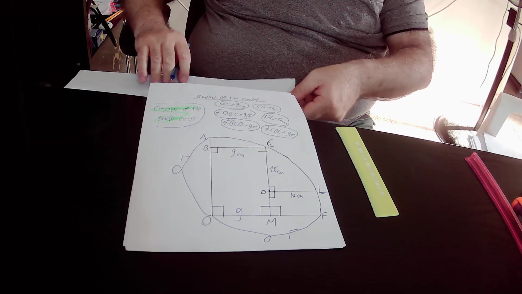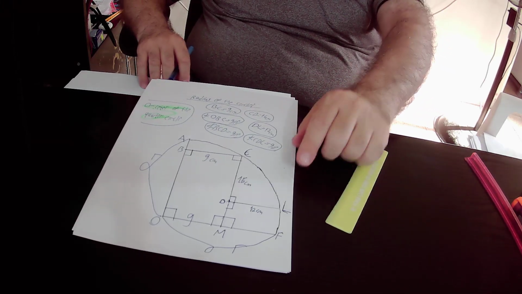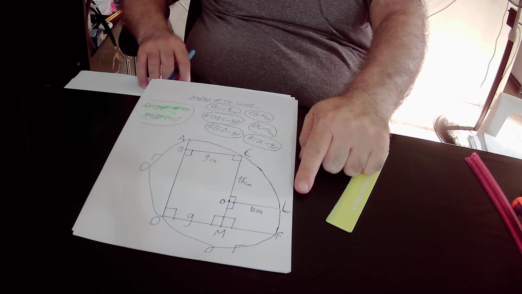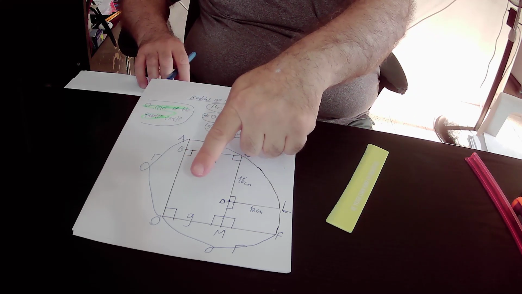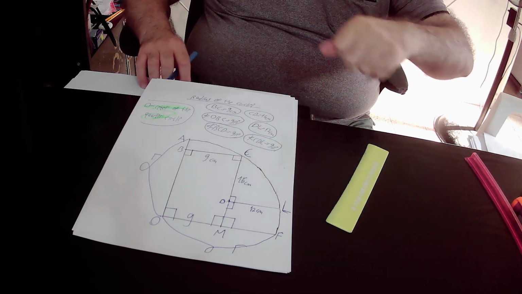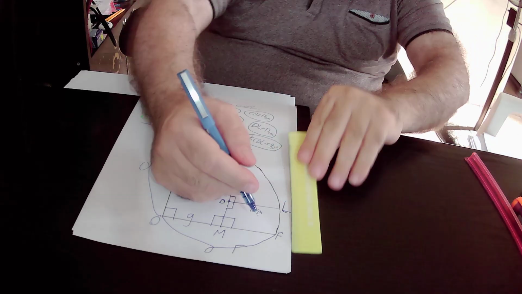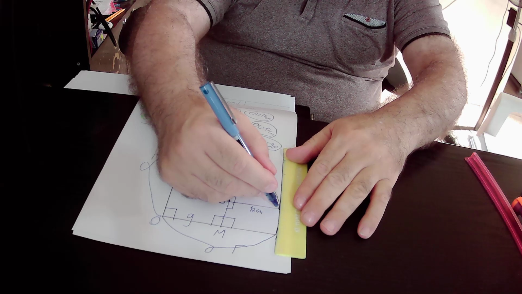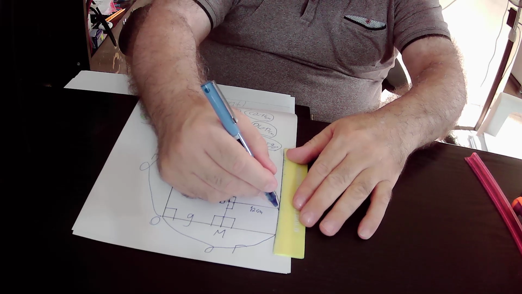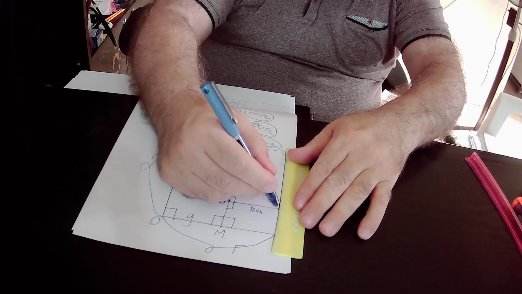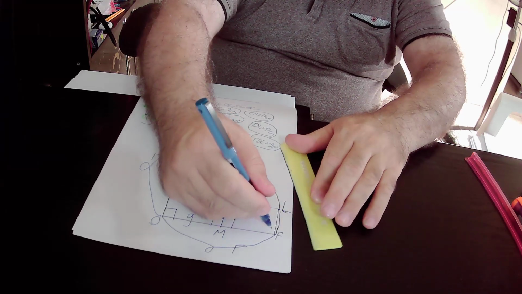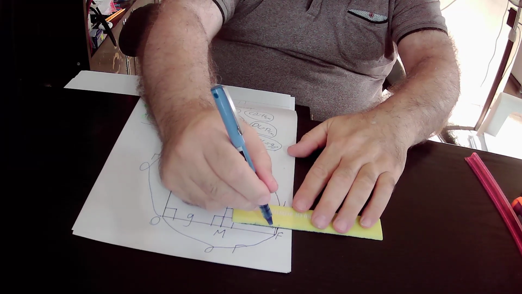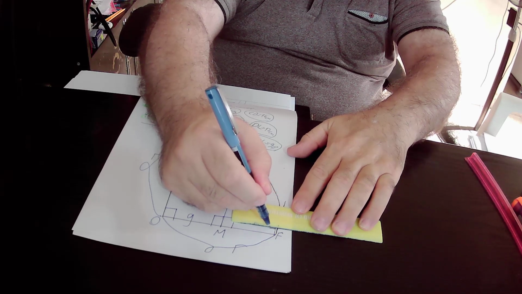In the next step, we will do a construction from point L, from this point. We will draw a perpendicular on the radius OF of the quarter circle. So here, this angle equals 90 degrees according to our construction.